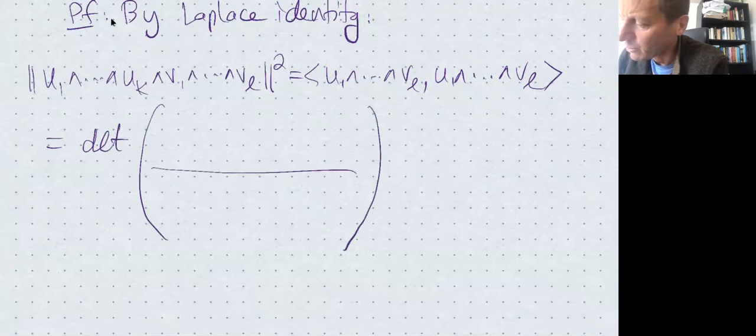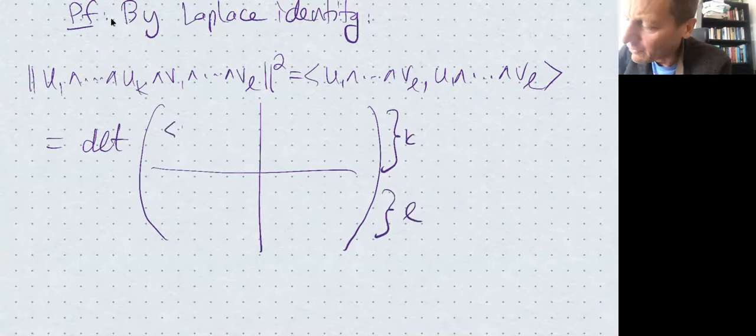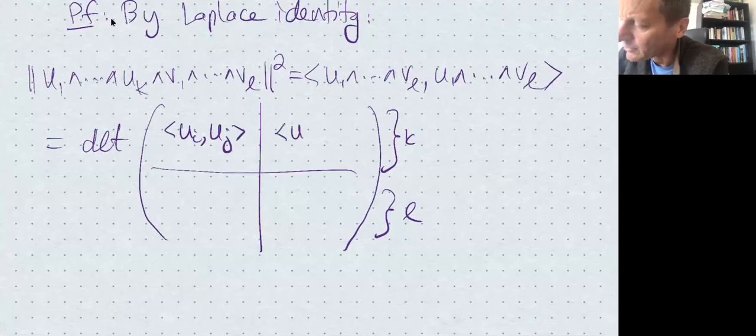There are going to be 4 blocks. This is of size K, this is of size L. Up here, we have the UIs meeting the UJs. Up here, we have the UIs meeting the VJ primes.